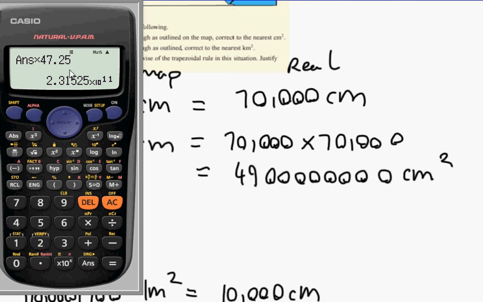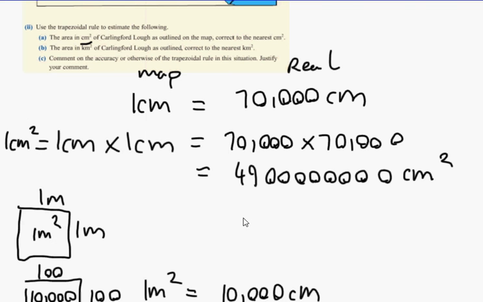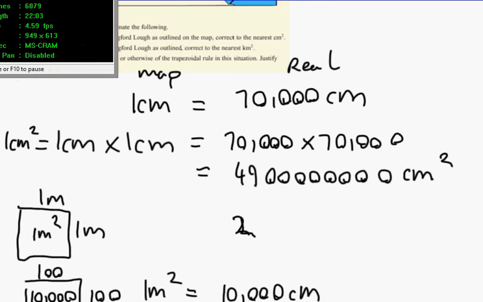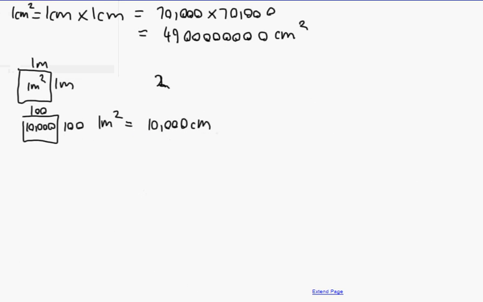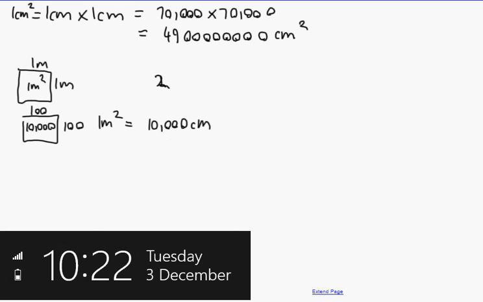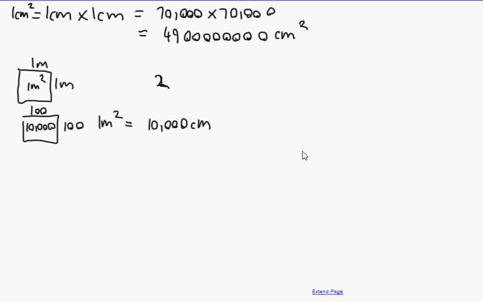We get this massive number here in scientific notation, don't worry about that. Basically, a metre squared is the same thing as 10,000 centimetres squared.